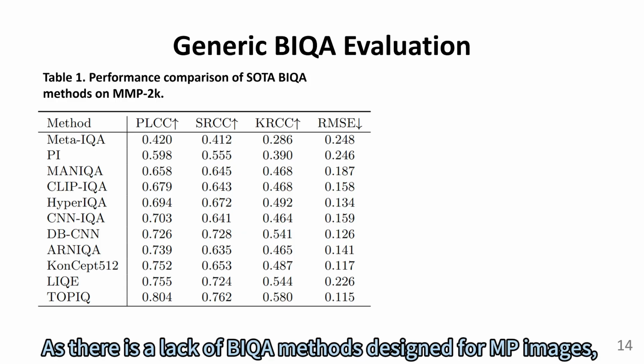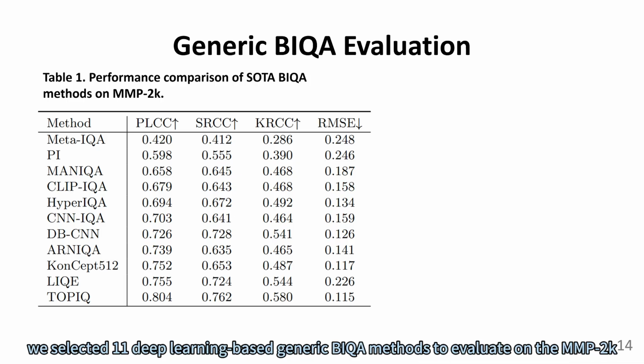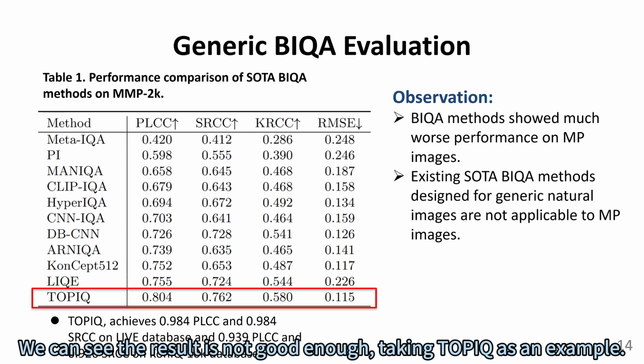As there is a lack of BIQA methods designed for MP images, we selected 11 deep learning-based generic BIQA methods to evaluate on MMP-2K. We can see the result is not good enough, taking top IQ as an example.